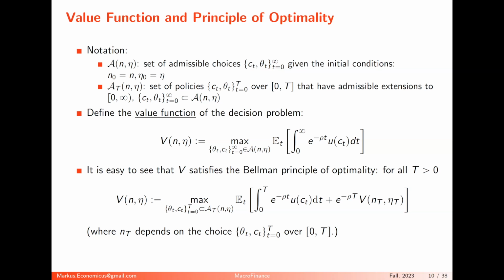It captures all the future and collapses everything down to one point. That's the idea. And of course, where you end up depends on your portfolio choice and consumption choice. Eta is outside of your control, but n is affected by what you consume, and your portfolio choices will affect the future net worth you have.